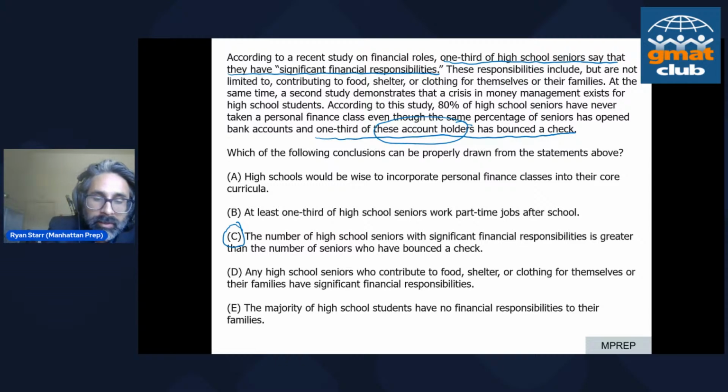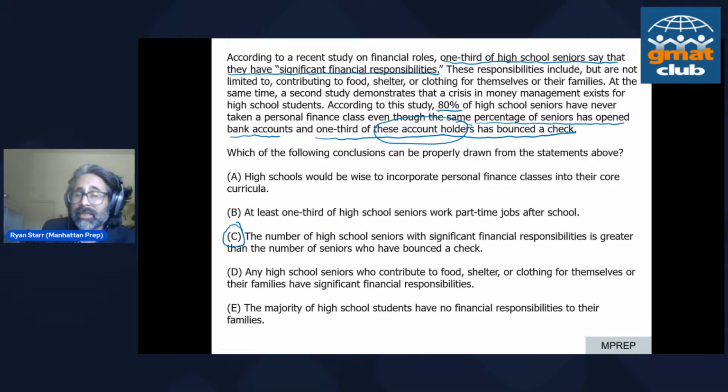These account holders refers to the number of seniors who have opened a bank account. This sentence says it's the same percentage of seniors that's opened a bank account. And of course, that begs the question, same percentage as what? And boom, 80%. 80% of high school seniors have never taken a personal finance class, even though the same percentage of seniors has opened bank accounts. And 1/3 of these account holders has bounced a check.